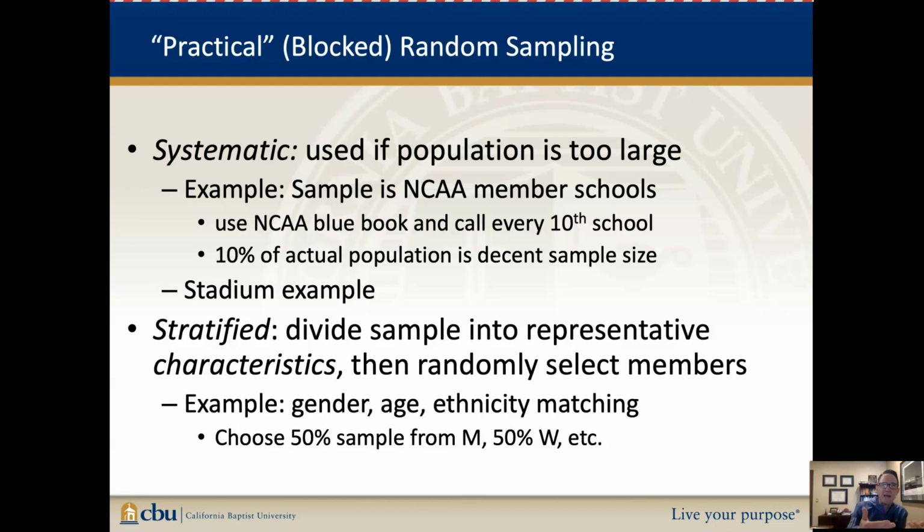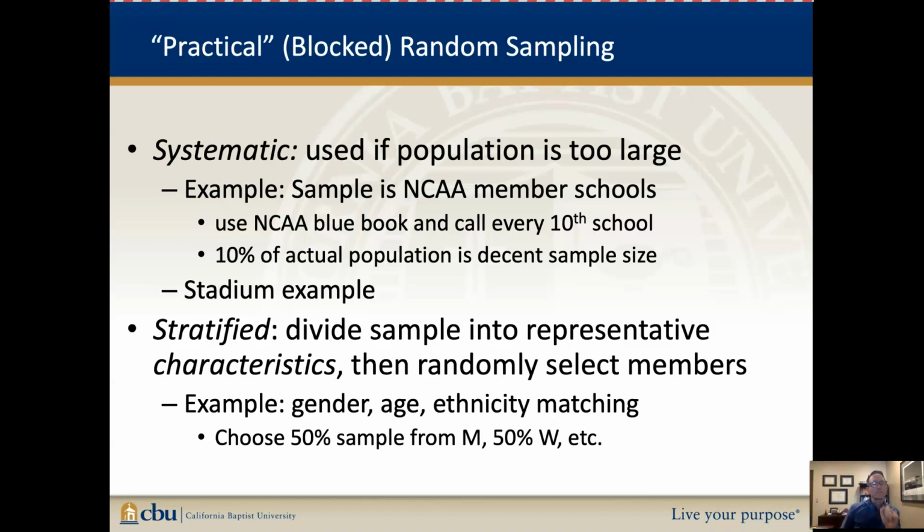So it's a systematic way of picking every 10th school in order to provide a quick and yet representative sample that mirrors the population. Or, if we just can't get to every university, we can pick every 10th or every 5th or whatever it is. You decide, but you systematically sample in that way.